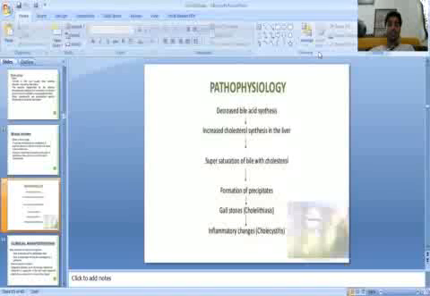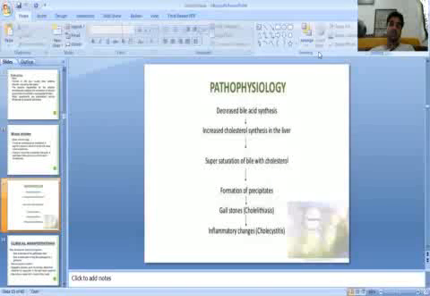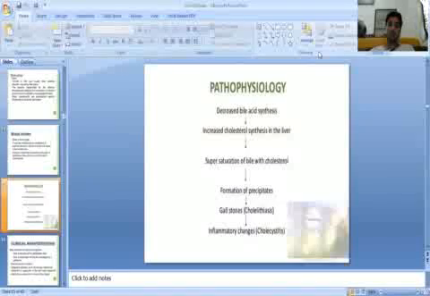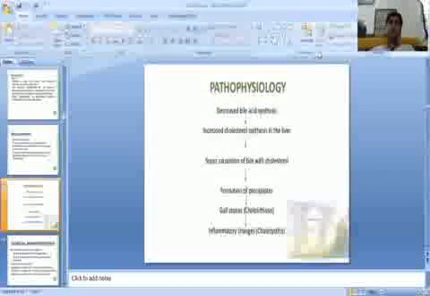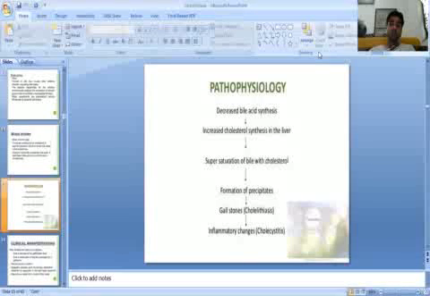Decreased bile acid synthesis, so increased cholesterol synthesis in the liver, supersaturation of bile with cholesterol, and formation of precipitants. This leads to gallstone formation, cholelithiasis. Then inflammatory change is called cholecystitis. So, students, this is the pathophysiology of cholelithiasis.